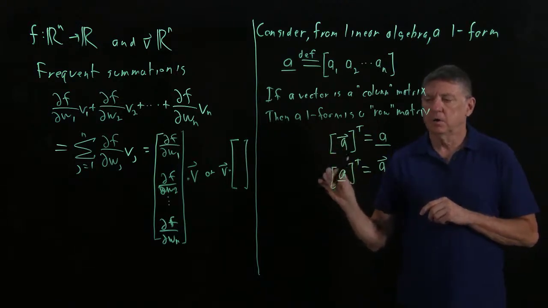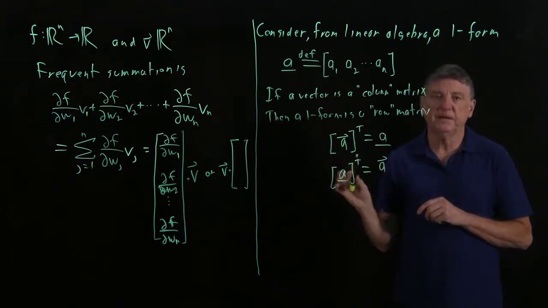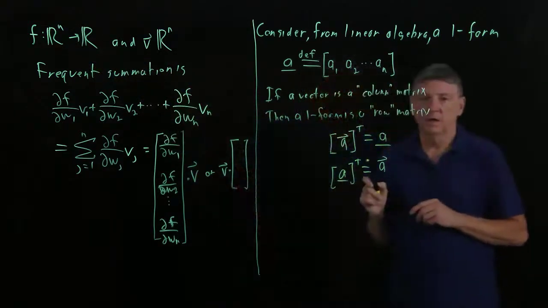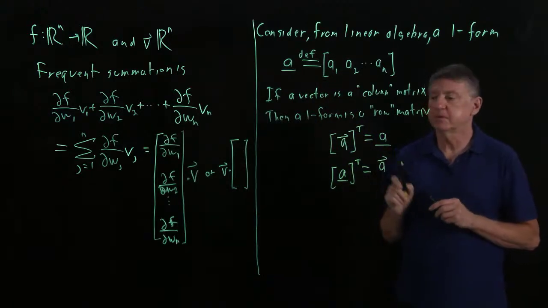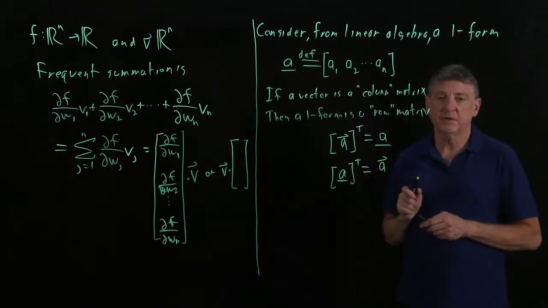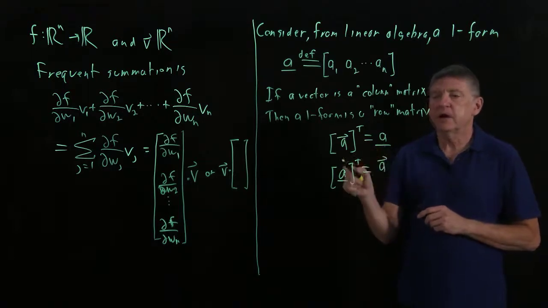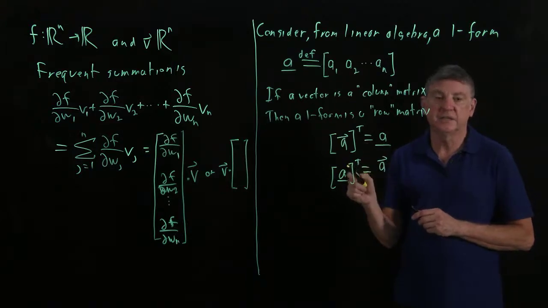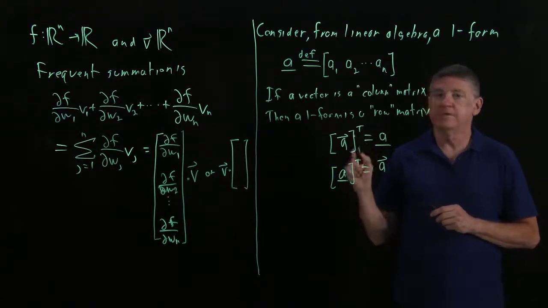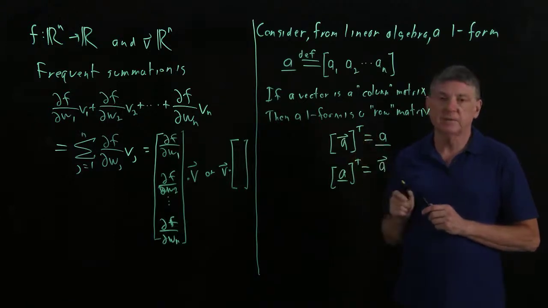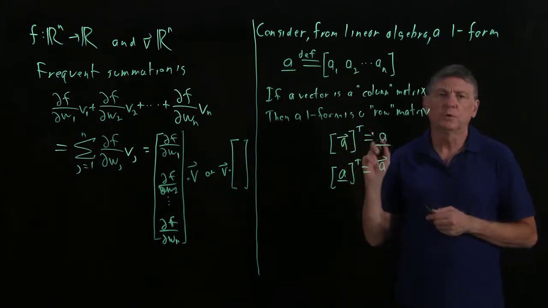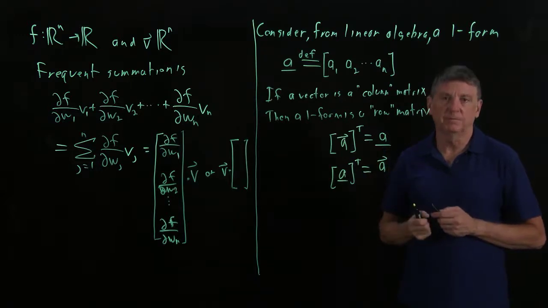These are appropriate if the underlying vector space has a Euclidean geometry, then this works. If it doesn't have a Euclidean geometry, then we have some other terms that get involved in addition to this simple transposition. If you read further on this, a one-form will sometimes be defined as a dual vector. It will sometimes be defined as a covariant vector. There are lots of different ways to do it. What we'll do is we're just going to call this a one-form.